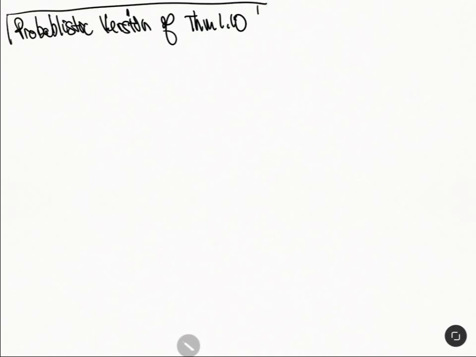When I say probabilistic version, it's actually a simpler version because some of the inequalities I'm using are not quite as sharp as they are in IUT4. But I think it's easier to see what's going on.